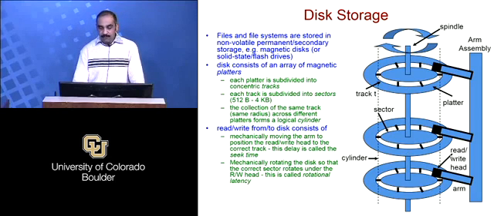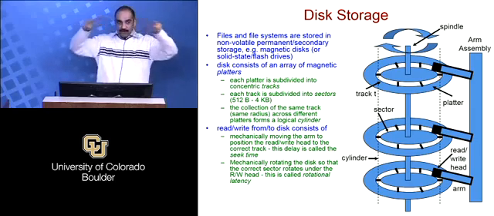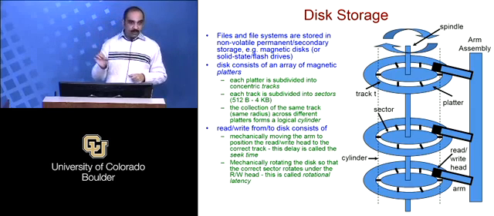It consists of several platters like this, and then you have an arm assembly, with an arm that floats over each of these platters. Each platter is divided into concentric circles, which are called tracks, and each track is divided into sectors.